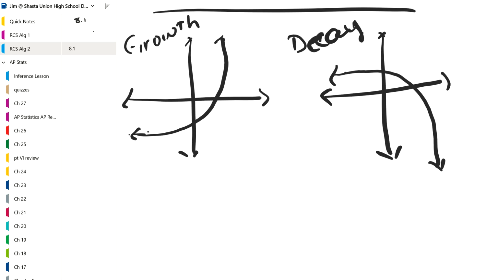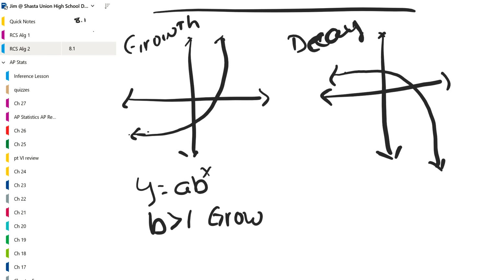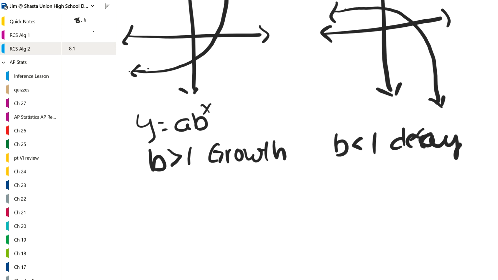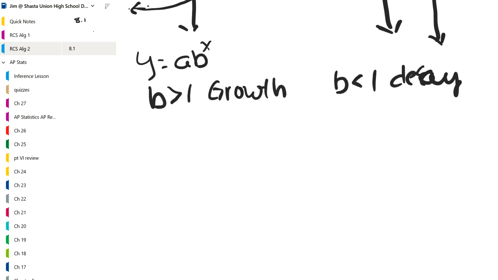Okay, just to get perspective. Remember on y equals a b to the x, if b is greater than 1, we have growth, and if b is less than 1, we have decay. Okay, so let me give you some examples.